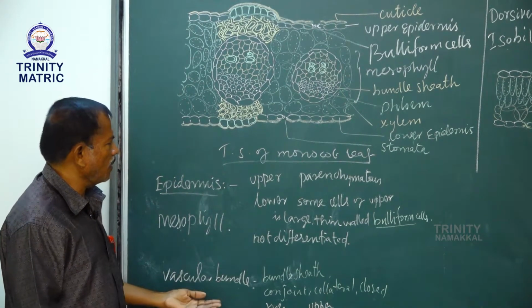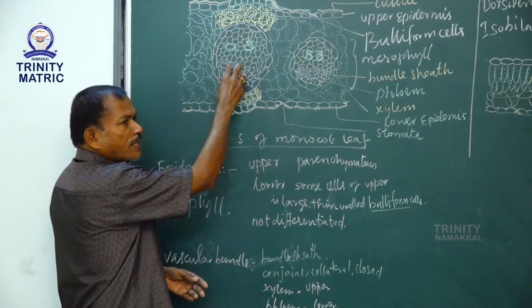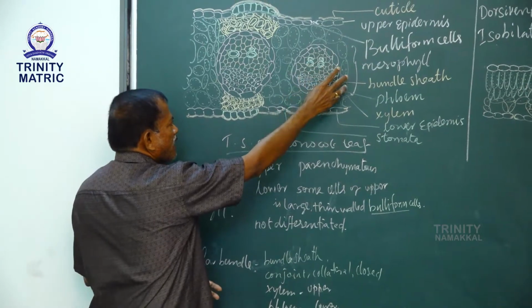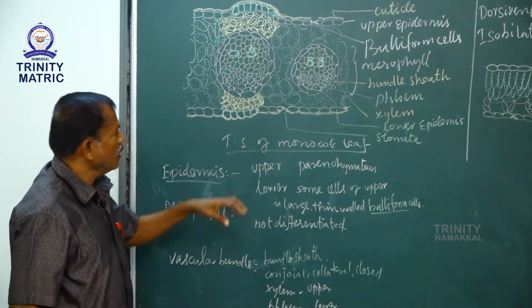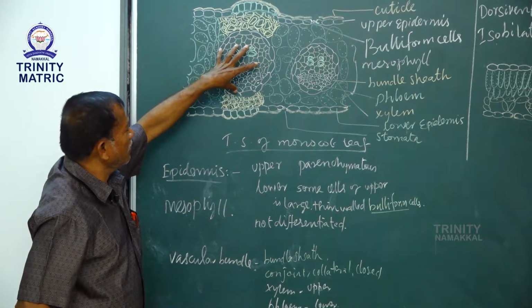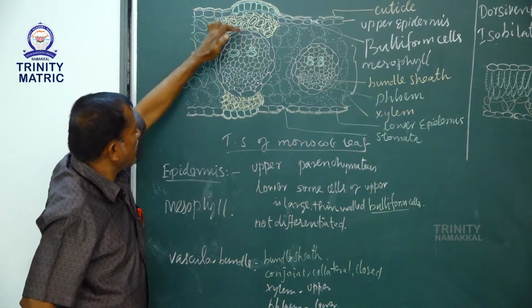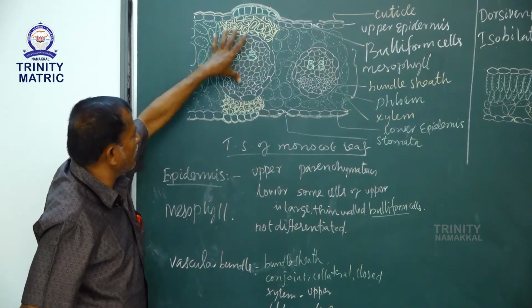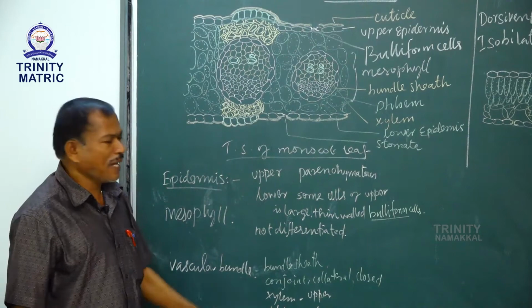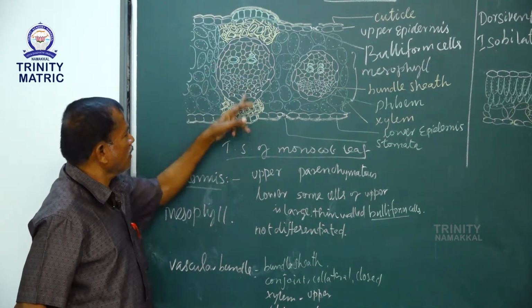Next one, vascular bundle. The vascular bundle is located only in the midrib and vein region. In the middle of the midvein, both sides of the vascular bundle are made up of sclerenchymatous patches, remember.